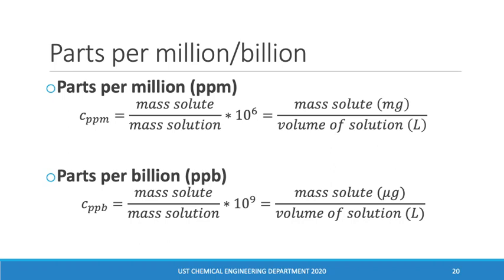Alternatively, it is also equivalent to the mass of solute in milligrams divided by the volume of solution in liters. On the other hand, parts per billion is obtained using the equation mass of solute over mass of solution times 10 raised to 9. Or, we can also use mass of solute in micrograms divided by the volume of solution in liters.